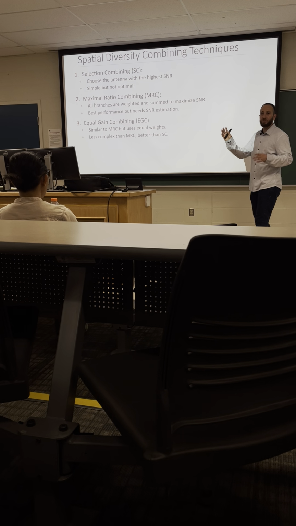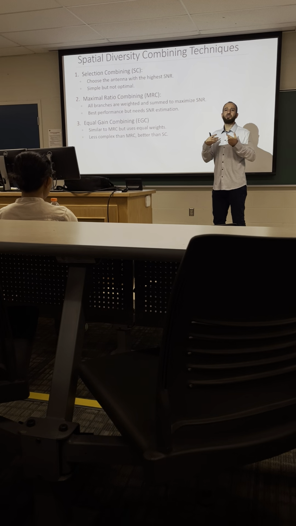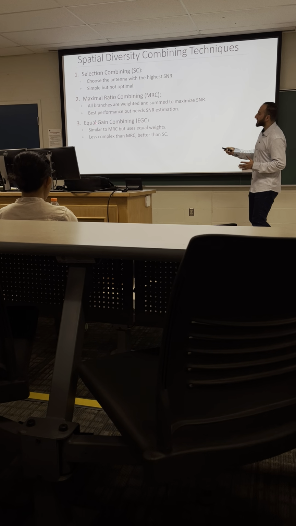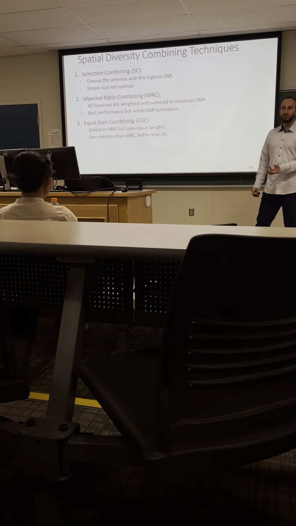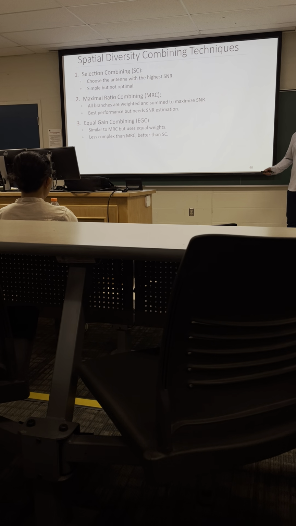I don't care which one is the strongest because I don't need to estimate the signal to noise ratio. So regarding simplicity, the third type is simpler than the second type, but more complex than the first type. But regarding performance, which one is the best? The best is maximum ratio combining because you are taking the whole signals together, but you look at the weight of each one.